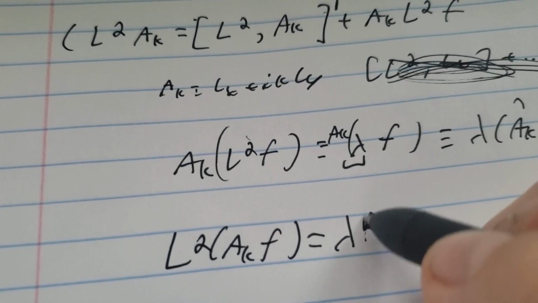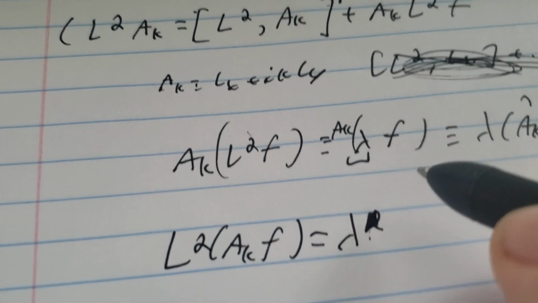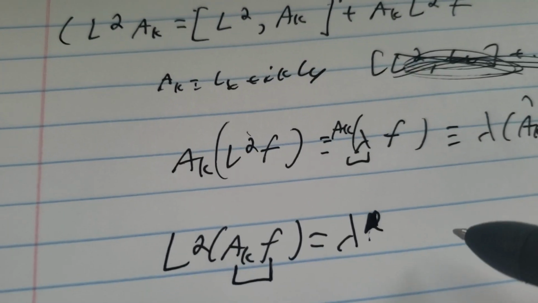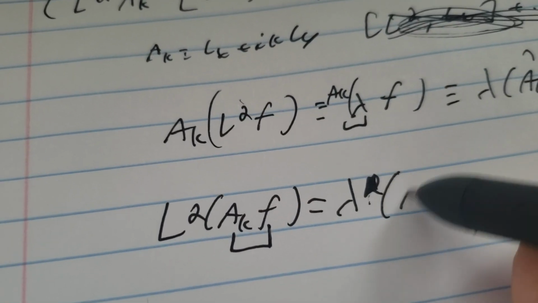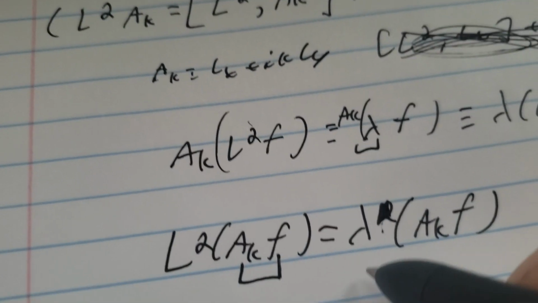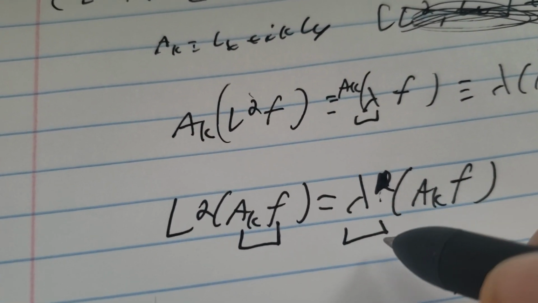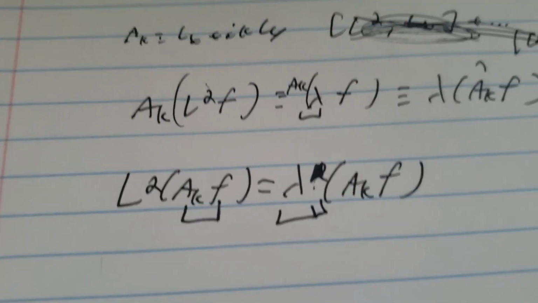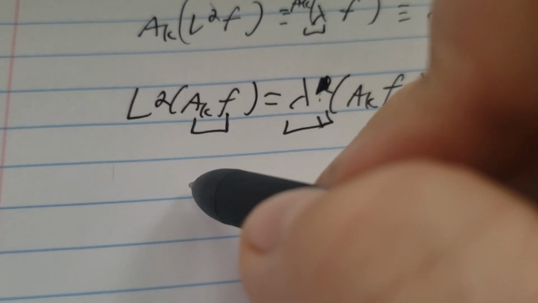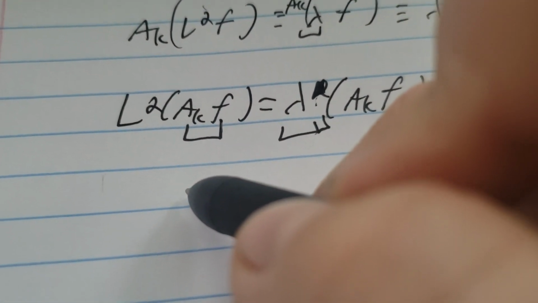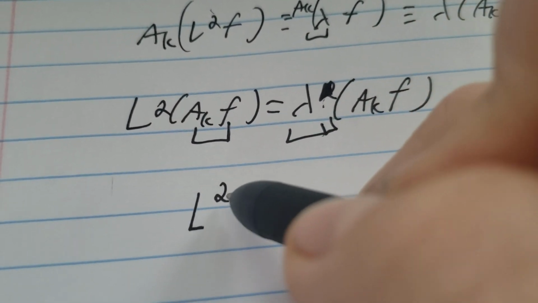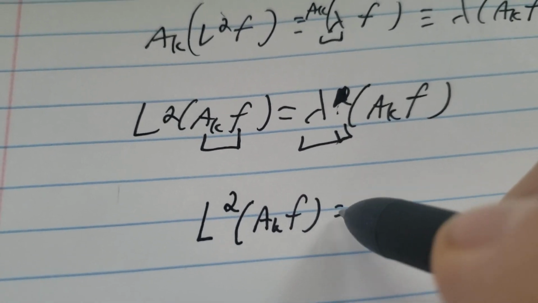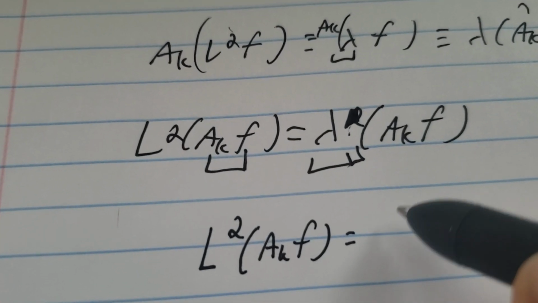When L squared acts on this new state, raised or lowered state, its eigenvalue does not change, which implies a degeneracy, which is distinct from the harmonic oscillator, of course. And this is a useful fact that will lead us into the next video.